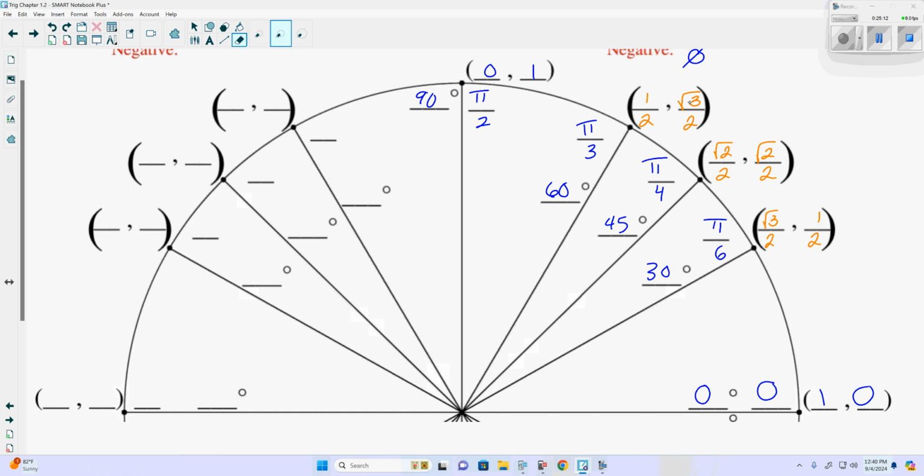All right. Now the next ones on this list are 2 pi over 3 and 120, then 3 pi over 4 and 135, and 5 pi over 6 and 150.